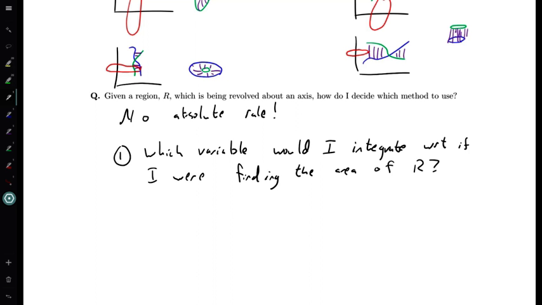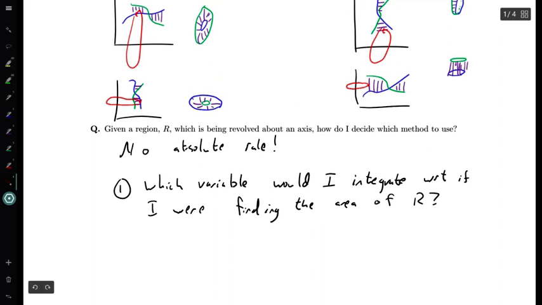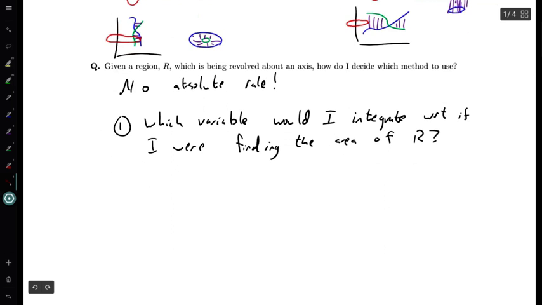We've talked a little bit about this question already in the context of finding the area of R. It's really nice to integrate with respect to x if, for instance, your region has a single curve for the lower bound and a single curve for the upper bound. It's nice to integrate with respect to y if you have a single curve for your left bound and a single curve for your right bound. So that's maybe the first question that I would want to answer.